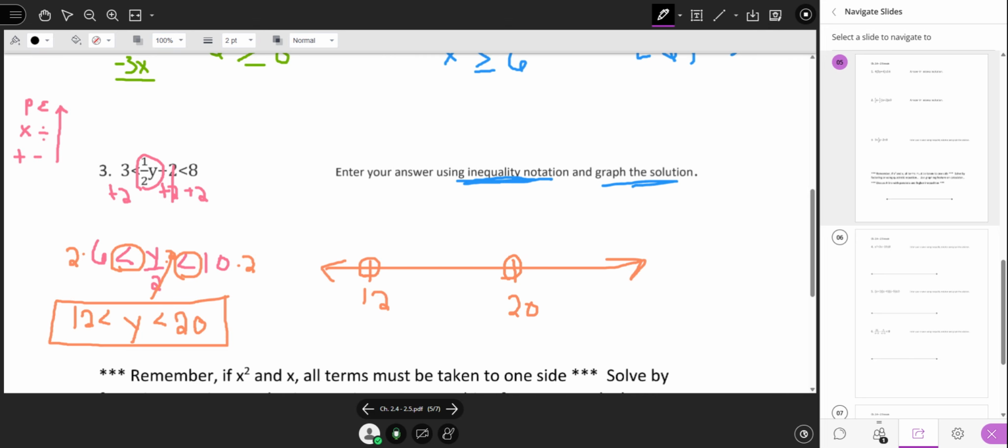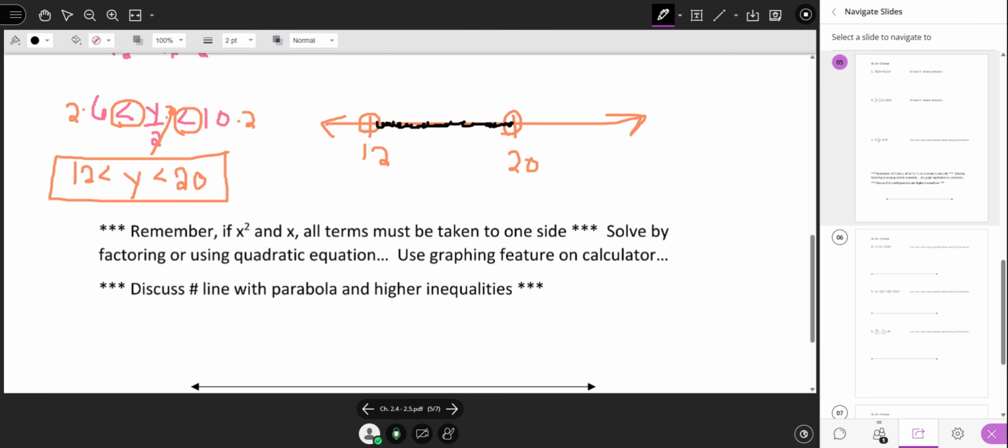After you choose the open dot, you choose the line and you fill that in between. Now, since for most of this you're going to use Desmos, this information right here really doesn't mean a whole lot. So don't worry about that.